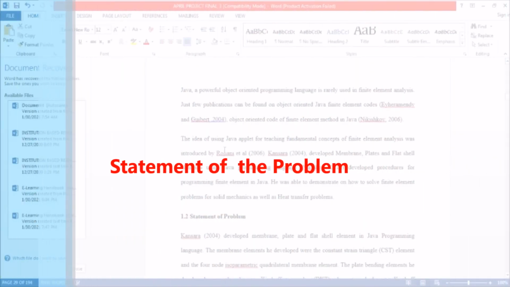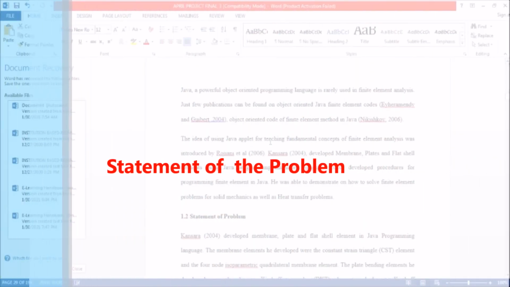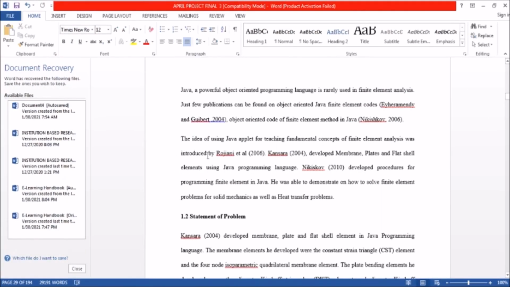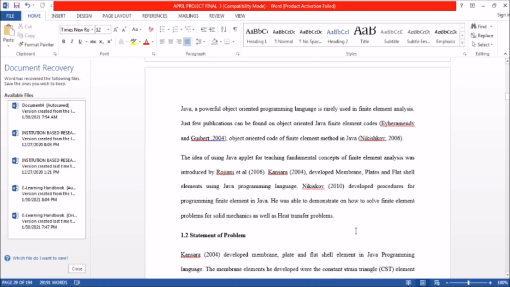The statement of the problem. So here you are expected to state what the problem is all about, because every research project is expected to address a problem. If it is not a solution to any existing problem in your field of study, it means your project is useless.